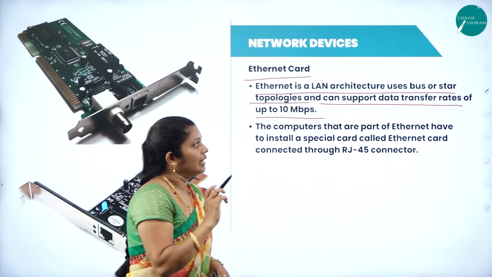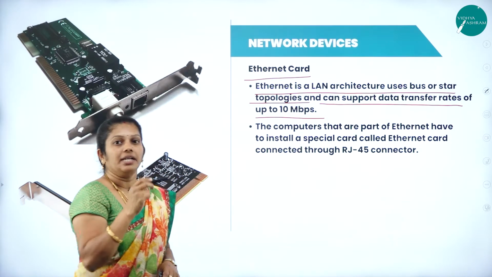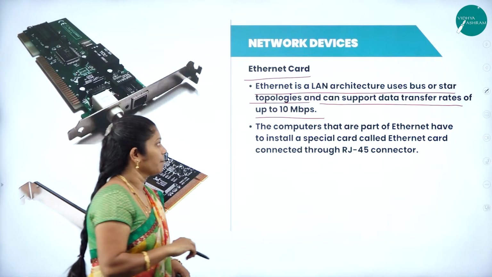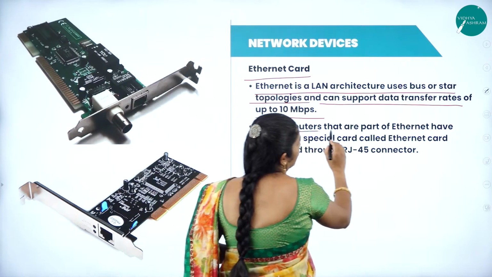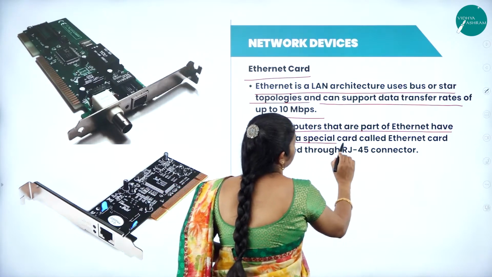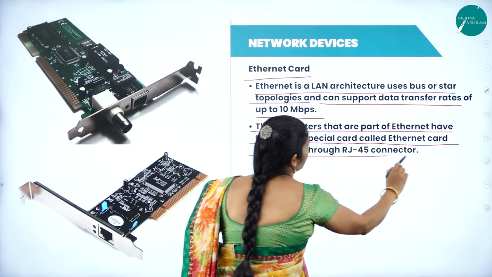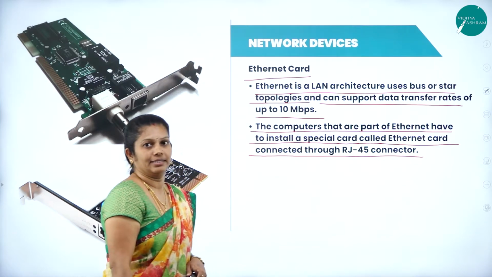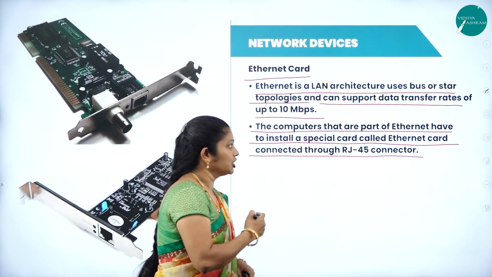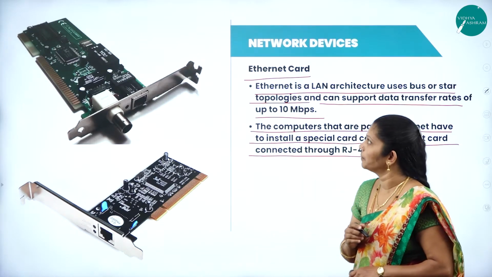The computers that are part of Ethernet have a special card installed called the Ethernet card, connected through an RJ45 connector. With the help of the RJ45 connector, we can connect this Ethernet card.